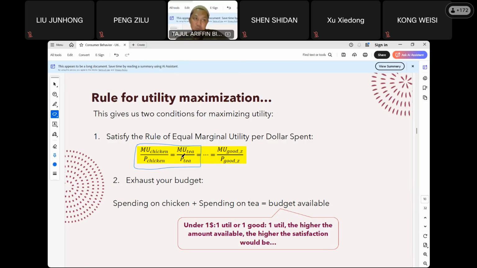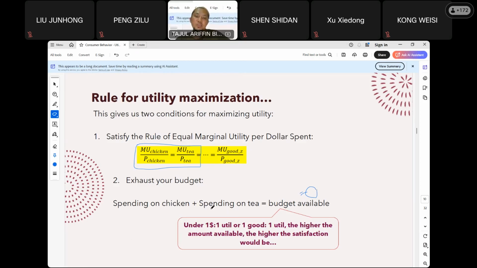The second rule: you must exhaust your budget, meaning after spending, the budget remaining is almost zero, preferably zero, but the smallest possible remainder.